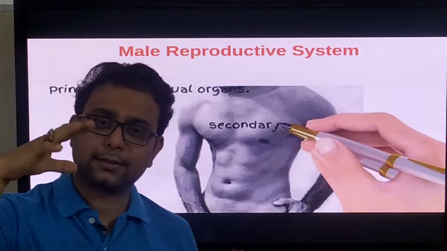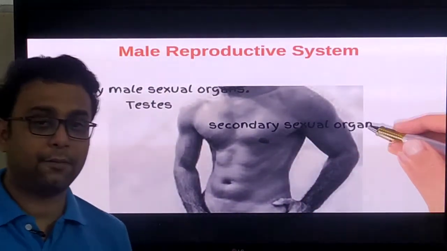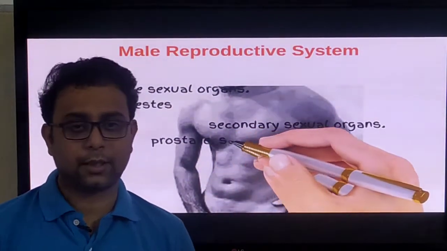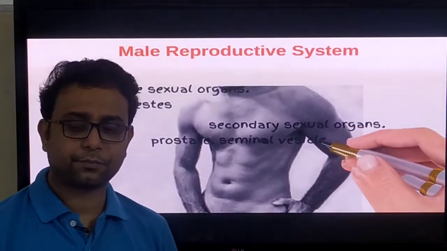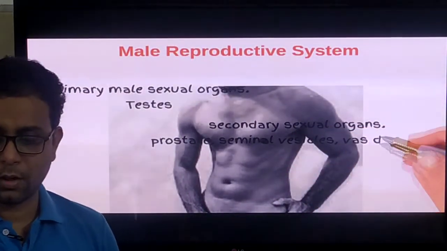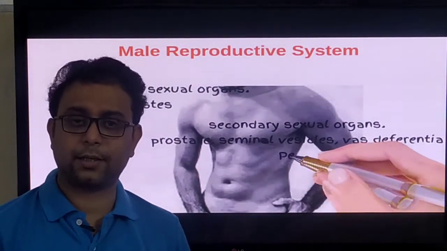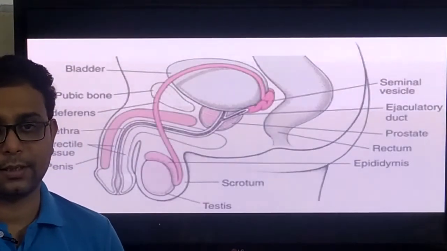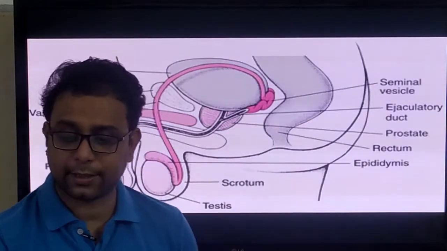But other secondary sexual organs are also there, which help the testis function. Like the prostate gland, the seminal vesicle, and the vas deferens. All of these are secondary sexual organs. The penis is also there, which also belongs to the secondary sexual organs.